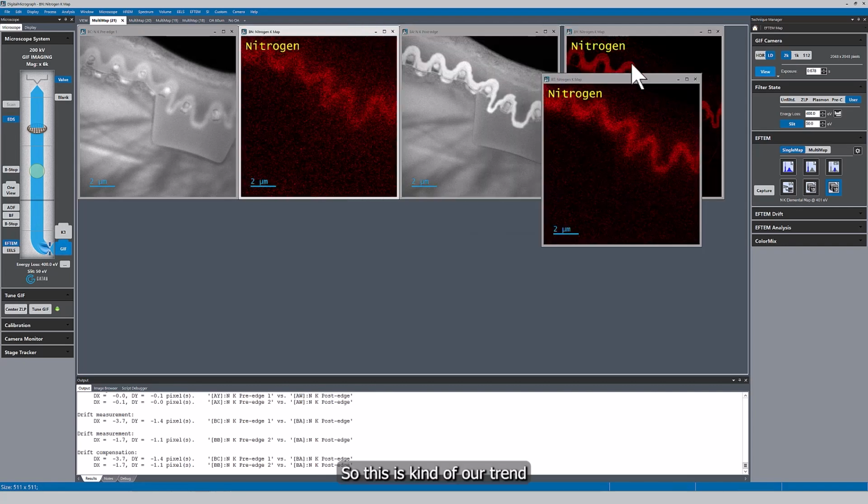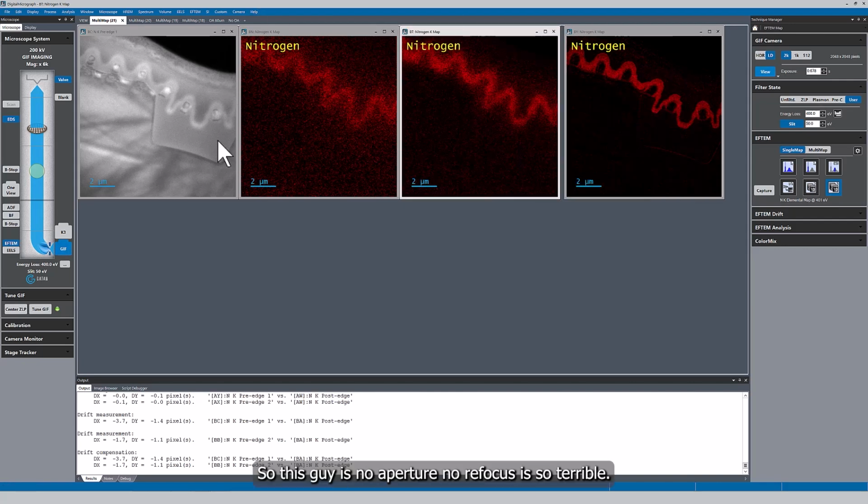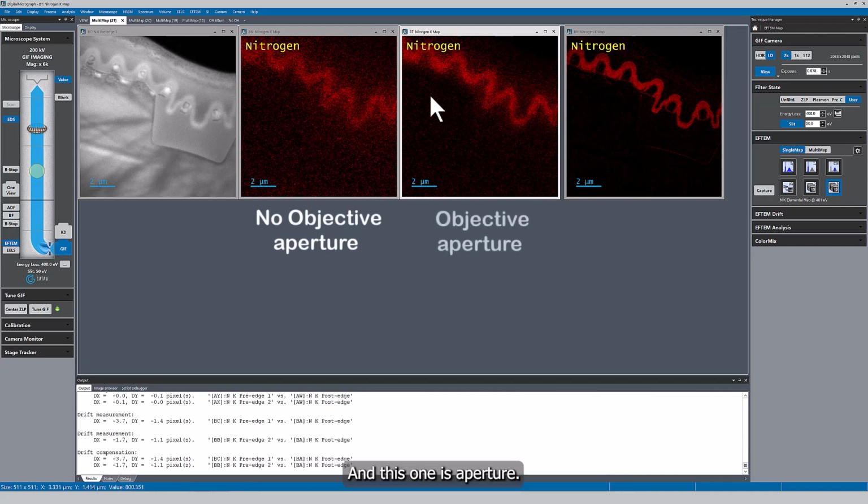So this is our trend, I believe. Yeah, right. So this one is no aperture, no refocus. So terrible. And this one is aperture, no refocus. So less terrible, but still not nearly good enough for us to do anything with.